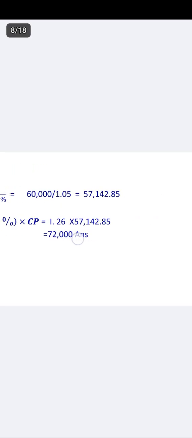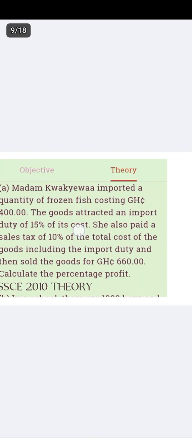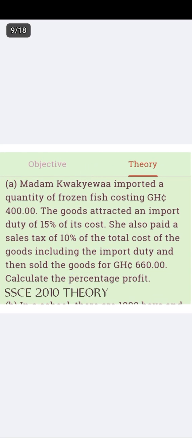Let's proceed. Now, this question is taken from the Senior Secondary School Examination 2010 under the theory section, and the question reads: Madam Kwakweya imported a quantity of frozen fish costing 400.